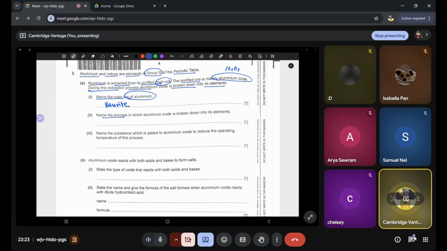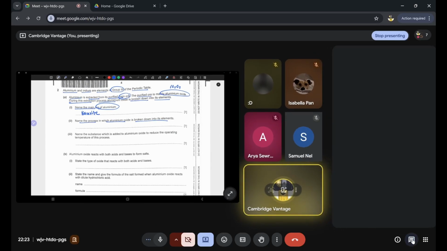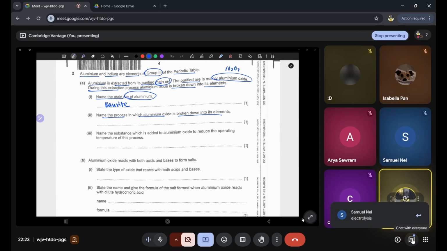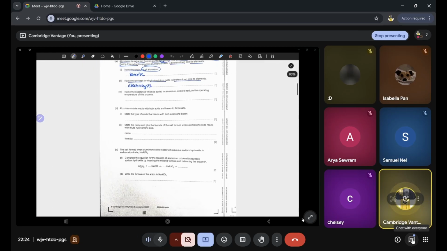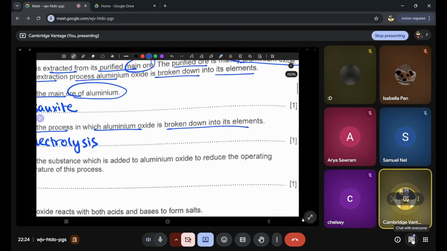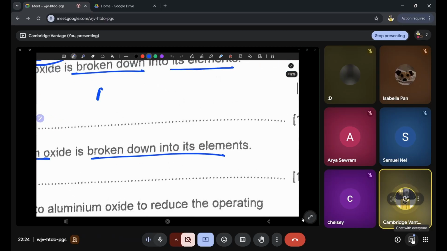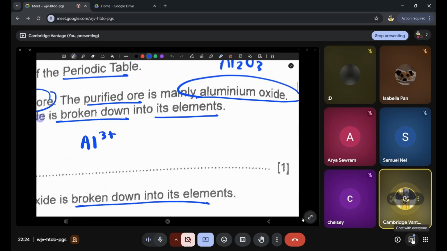Okay. Name the process in which aluminum oxide is broken down into its element. What should this be? Electrolysis. Now, what happens in the electrolysis? They did not ask for the equations over here, but let's just have a quick recap so we are all on the same page. So Al3 plus ions are present.